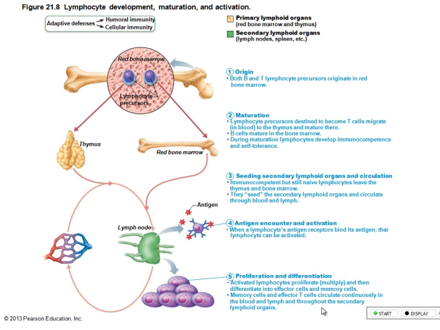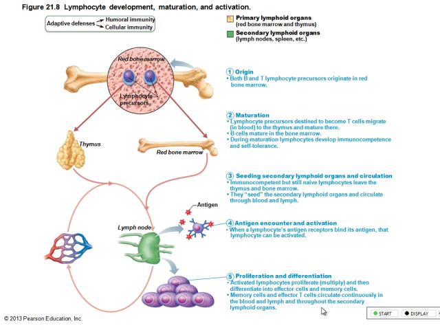Well, remember, the lymphocytes are the players here in adaptive immunity, correct? And there's two groups of lymphocytes that are going to help very specifically prevent disease in my body. We have B lymphocytes and we have T lymphocytes. Now, some of those lymphocytes, which ones, go to the thymus?